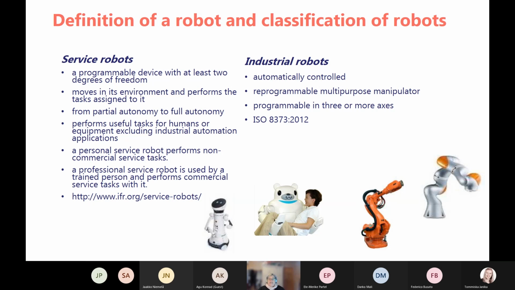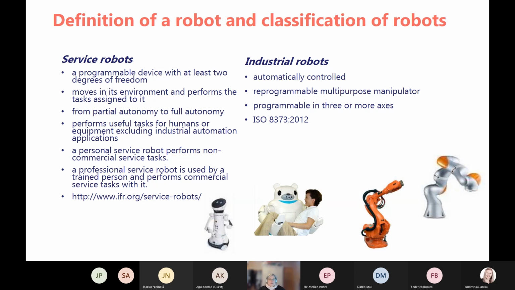But since it sparked a conversation last time, let's start with it this time. Personally, I rely on the definitions coming from the standards and also from the International Federation of Robotics, and I brought them here in a really short form.